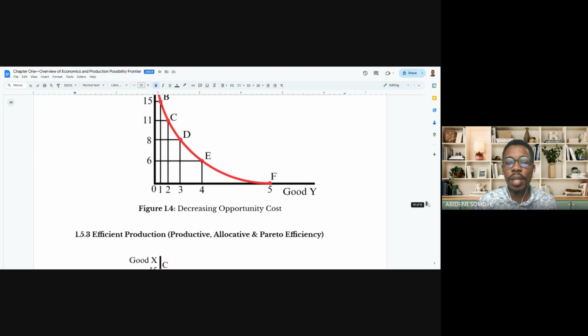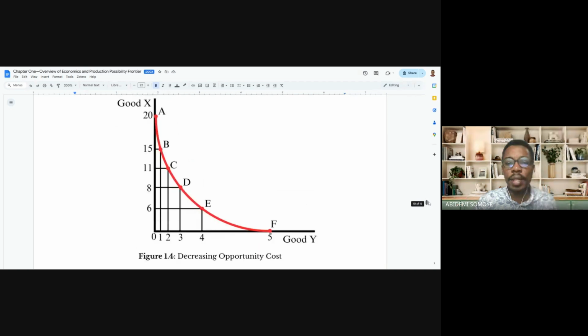And you can see here, for example, 20 minus 15 is 5, 15 minus, so you can see this is decreasing, 3, so to have one more, plus 1, plus 1, plus 1.